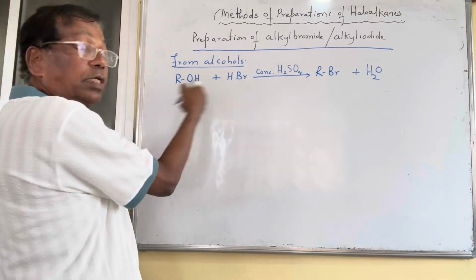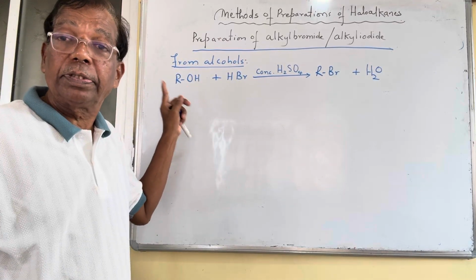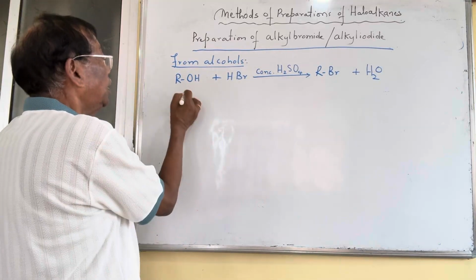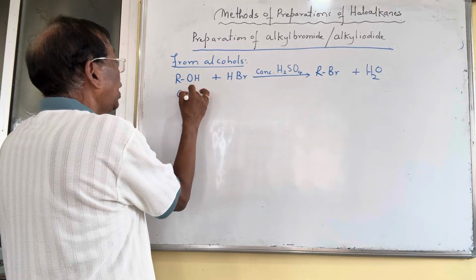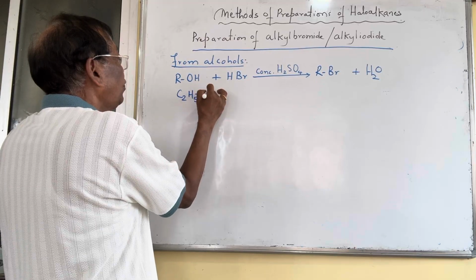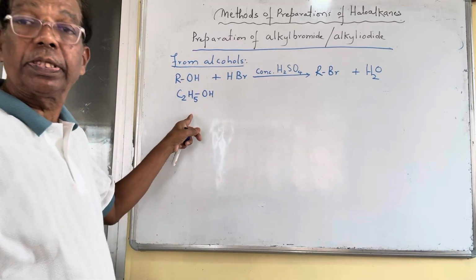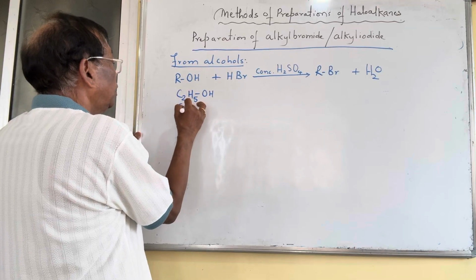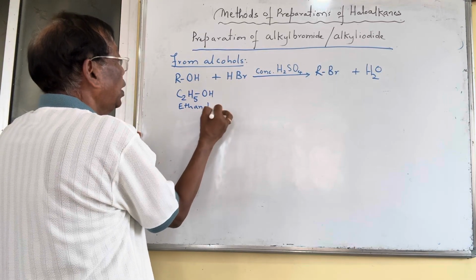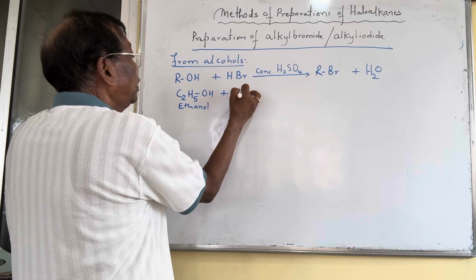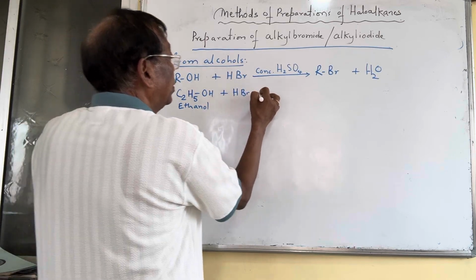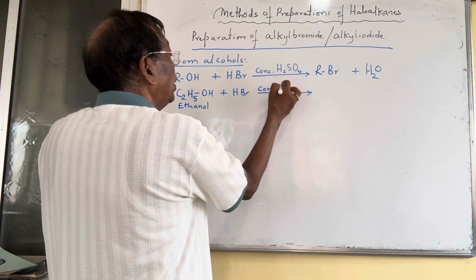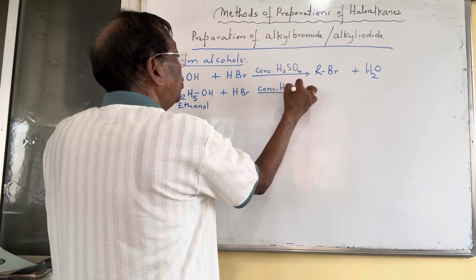Now this general equation can be used to prepare any compound according to what they ask. Suppose I want to prepare ethyl bromide. If you want to prepare ethyl bromide, you have to take ethanol or ethyl alcohol. Heat this with HBr in presence of concentrated H2SO4.